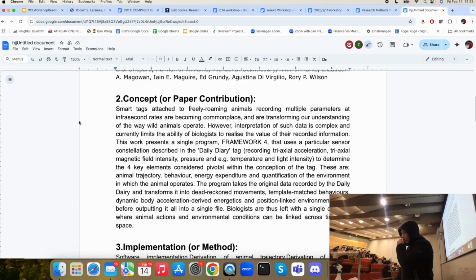Okay, so I look at the concept and I think, oh, it's probably too long. Too long. So, by the way, one of the skills that we're trying to learn is how to take this massive amount of data, which is the research paper, and compress it down into just a few sentences.